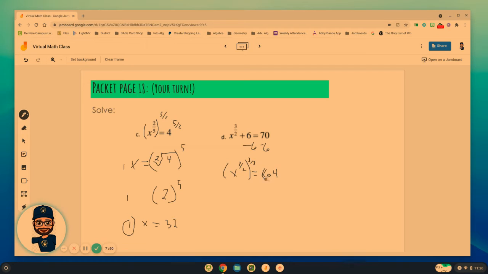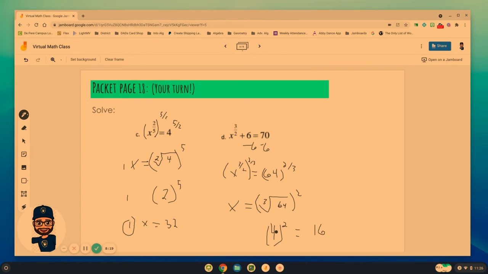We're going to do the same on the other side, raise it to the power of 2/3, meaning x equals, we're looking for the cubic root of 64, that answer raised to the 2nd power. Cubic root of 64 is 4, and 4 to the 2nd power is equal to 16. So we get 16 on that letter D.